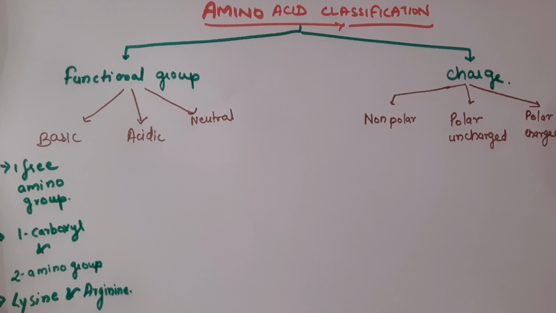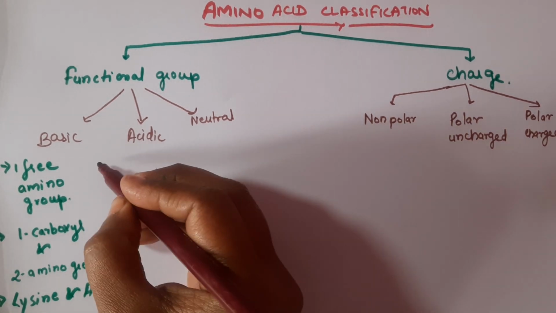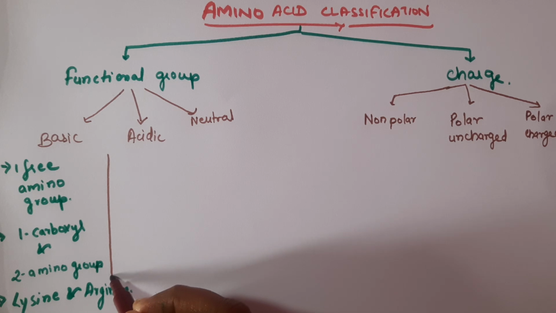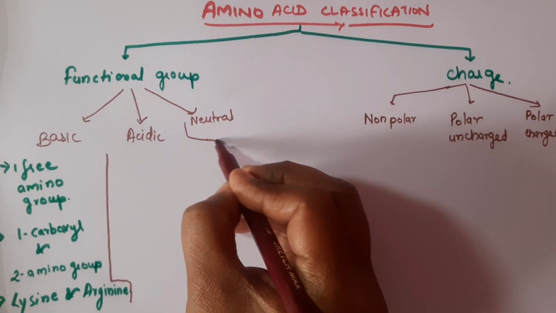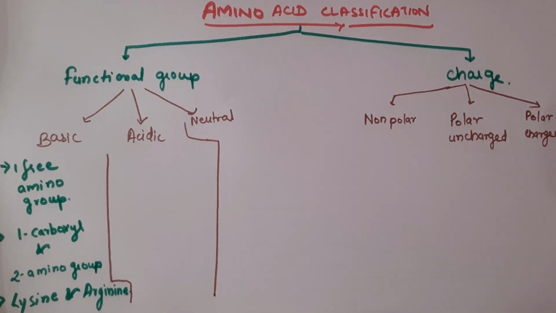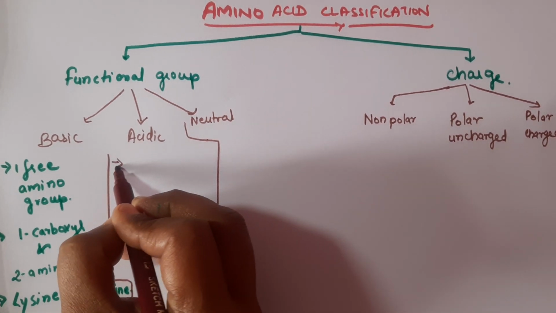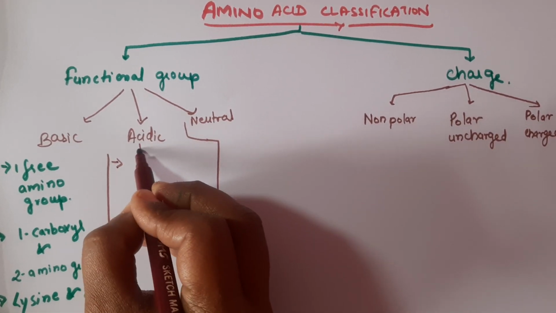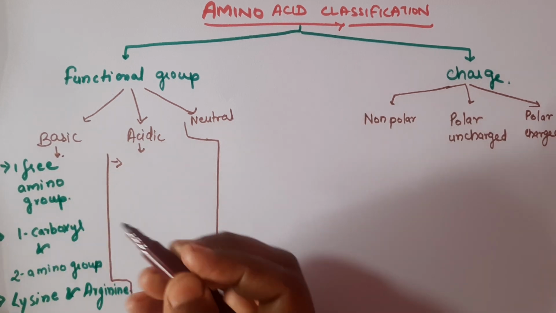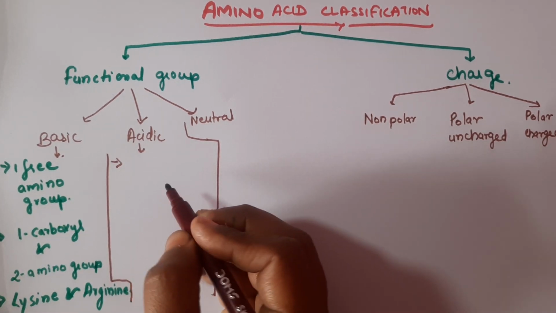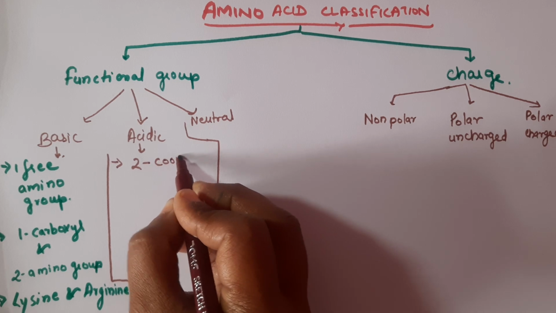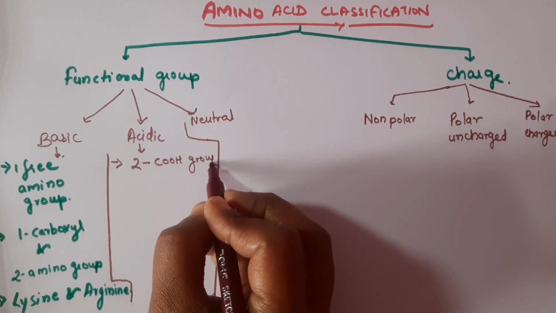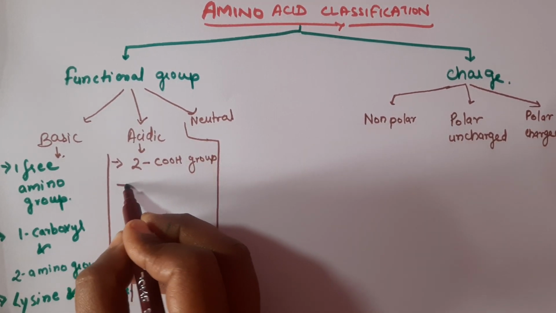Now we are going to talk about the acidic one. I will just draw a line here so that we have the enough space for each one. So the acidic ones, they contain two carboxyl group, and one amino group.